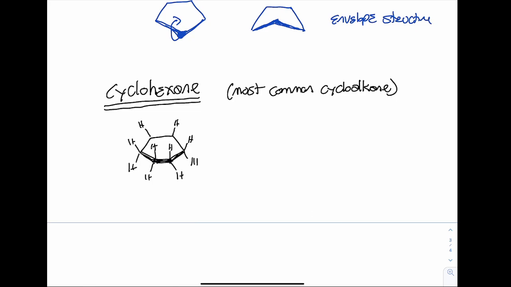Oops. These back ones are hard to fit on. There's a hydrogen there. It's not actually bumping into that hydrogen because one's below and one's up. Sorry for the bad drawing, but a lot of torsional strain.